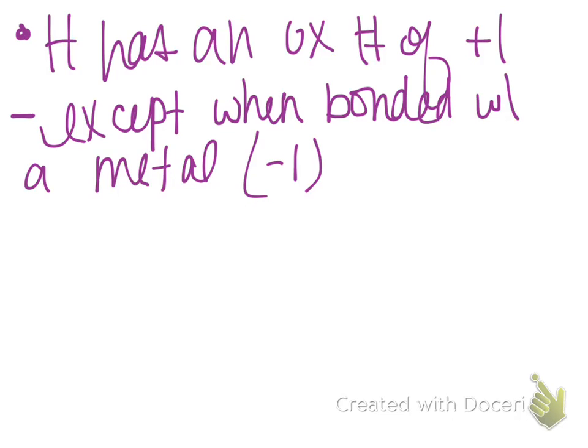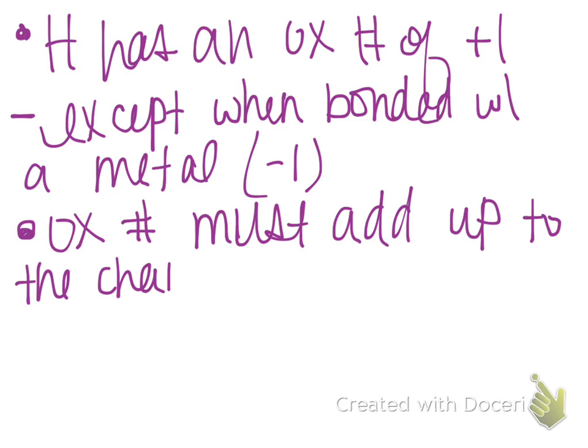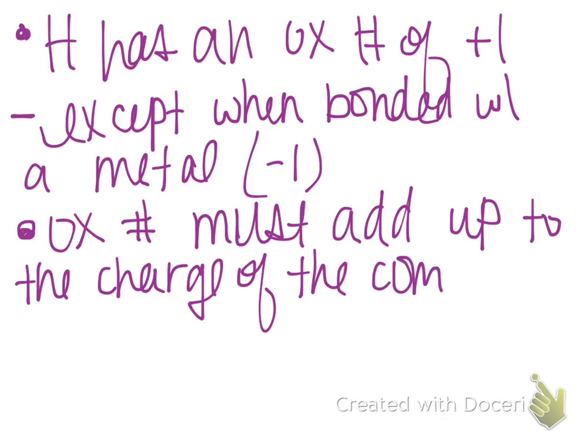Next rule here is that oxidation numbers, like charges, must add up to the charge of the compound. The oxidation numbers of each individual element put together have to add up to the charge of the total compound.